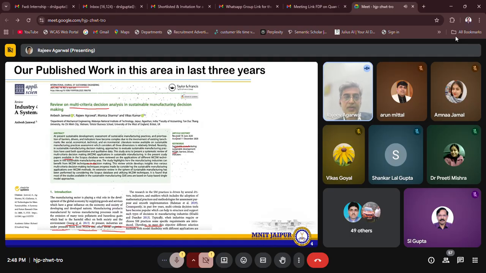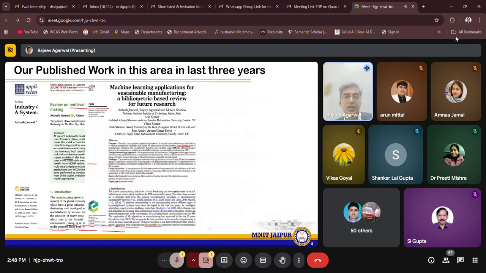Third is Machine Learning Applications for Sustainable Manufacturing: A Bibliometric-Based Approach. Here also the keywords are sustainable manufacturing, data analytics, machine learning, manufacturing system, Industry 4 and bibliometric. That was published in the Journal of Enterprise Information Management.